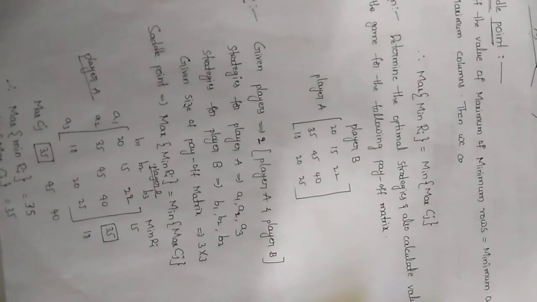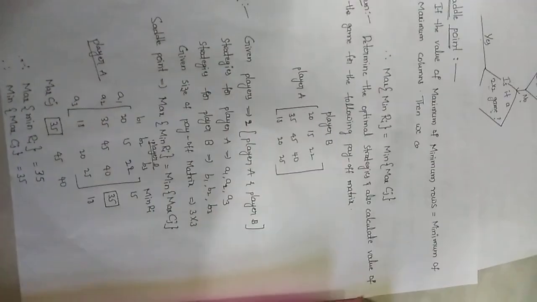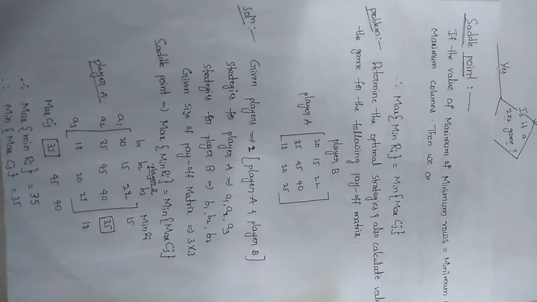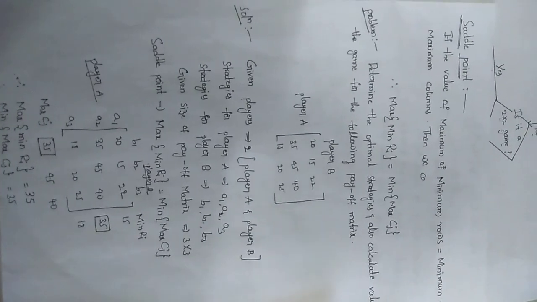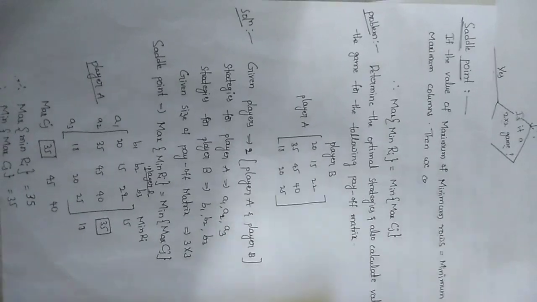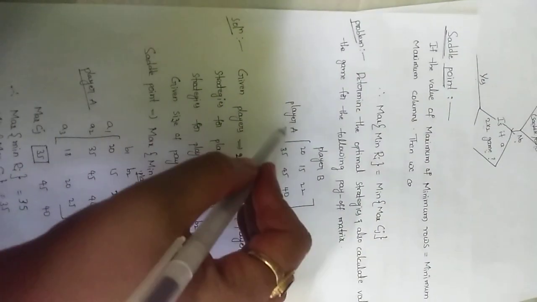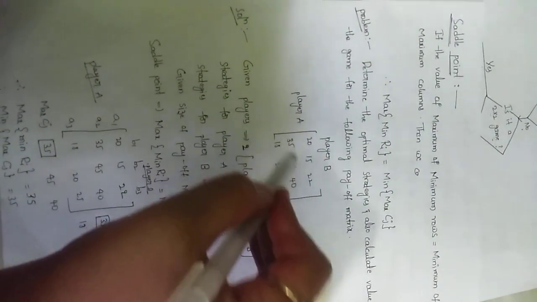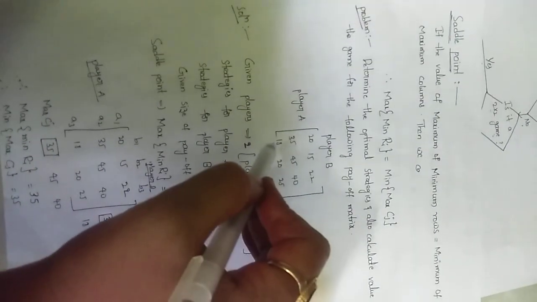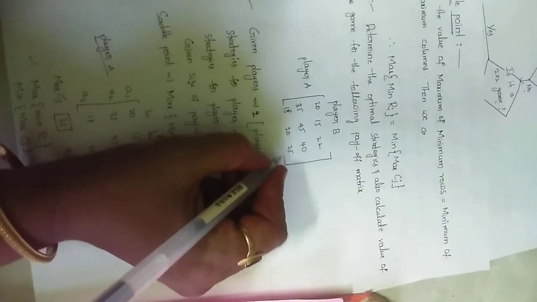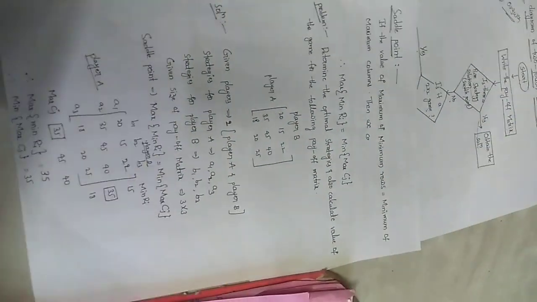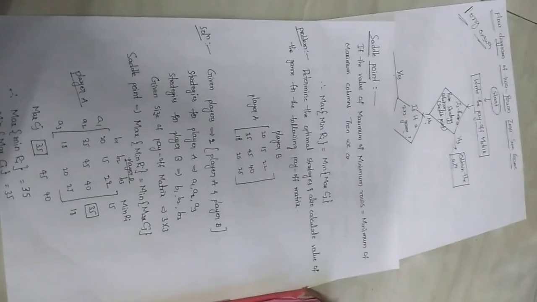Determine the optimum strategy and also calculate the value of the game for the following payoff matrix. Player A, player B. The values are 20, 15, 22, 35, 45, 40, 18, 18, 20, 25. Okay, this is the problem.